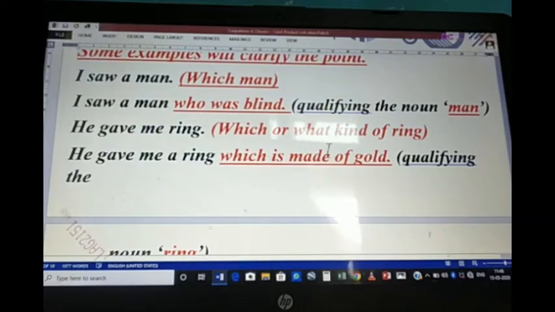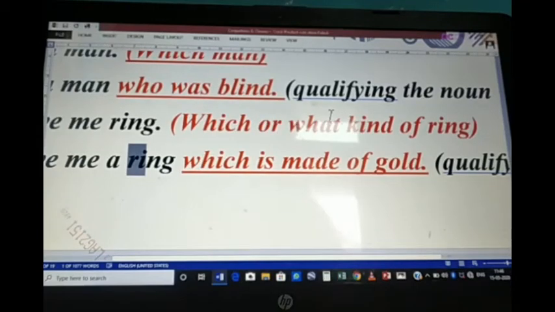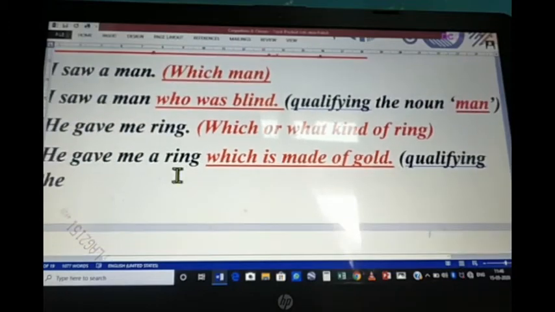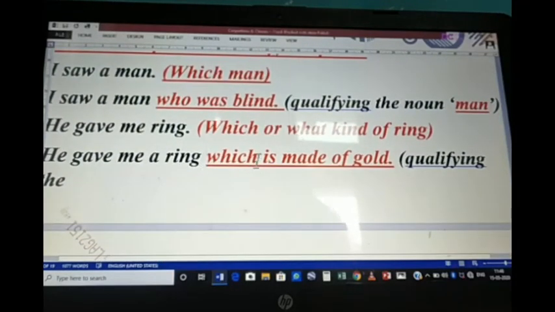So यहाँ जो which is made of gold है, ये दरअसल इस रिंग को क्वालिफाई करती है. यानी which is made of gold ये क्लास डिस्क्राइब करती है इस रिंग को, यानी जो रिंग गोल्ड की बनी हुई थी, यानी सोने की थी. तो इस तरह से इस एग्जाम्पल से हमें ये समझने में आसानी होती है कि एडजेक्टिव क्लास क्या होता है.